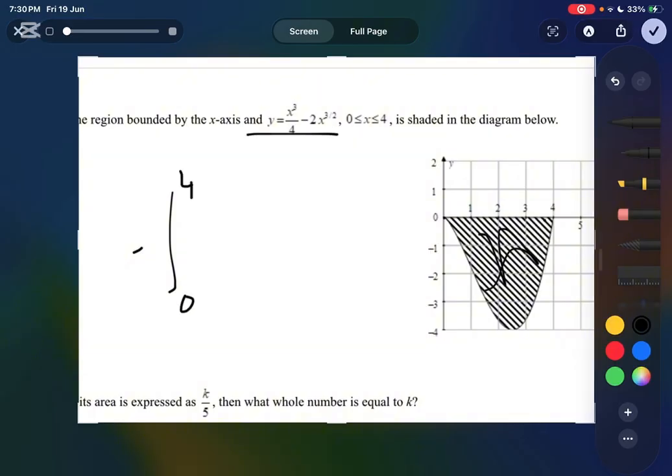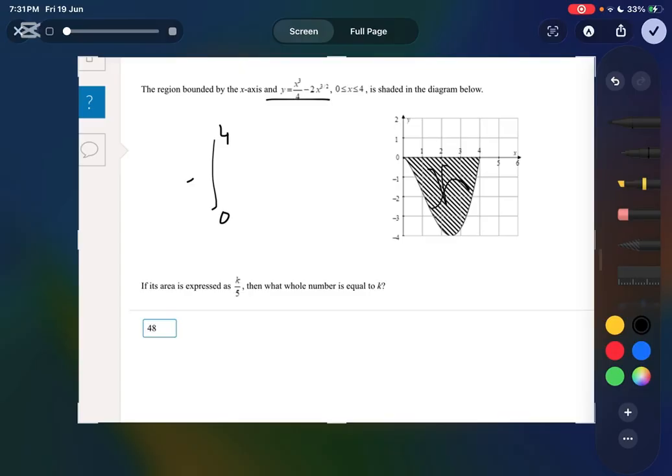So you take your calculator, you do the negative integral from 0 to 4 of x to the power of 3 over 4 minus 2 times x to the power of 3 over 2.